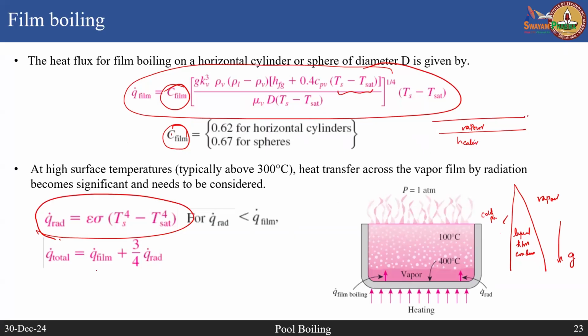So, you take the contribution from film boiling from this correlation which comes from film condensation, and then you do a weighted average. So, 3/4 of the heat flux coming from radiation has to be added to that, and that will give you the complete correlation for film boiling, which considers both the boiling and the radiative effects.